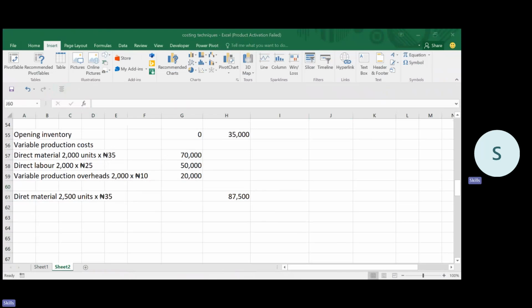Then the next is direct labor. The direct labor for the same 2,500 units produced is at 25 naira per unit.